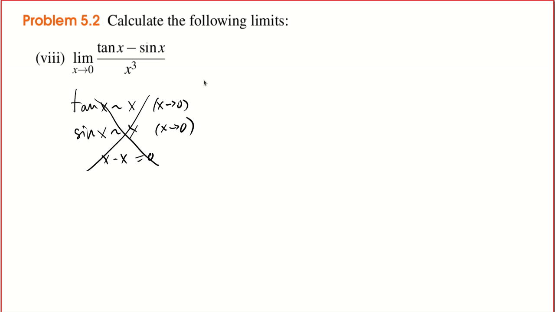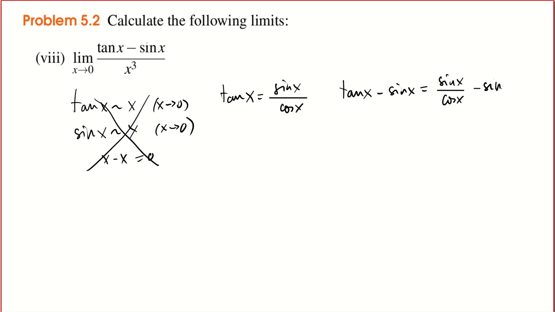Well, actually, in this case, it's easy because the tangent of x is simply the sine of x divided by cosine of x. So if you have the tangent minus the sine, you do have this. And as you can see, the sine is a common factor of both terms. So you have the sine, which multiplies 1 over cosine minus 1.